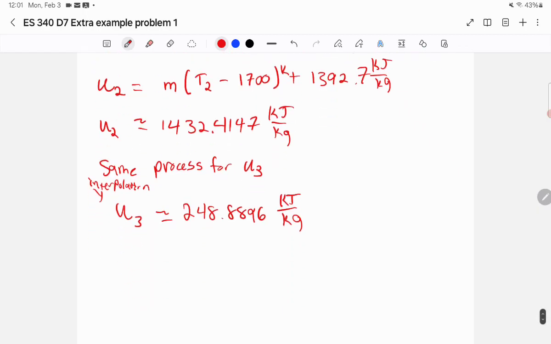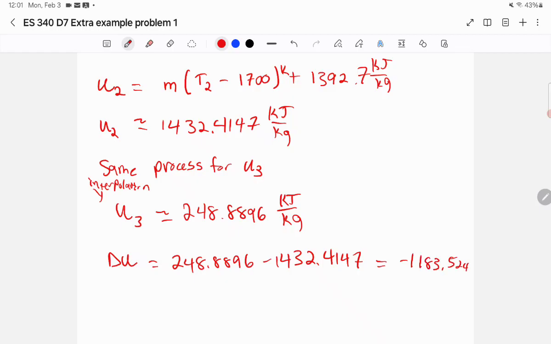As long as they're close, right? That's basically what we're looking for. So delta U is equal to 248.8896, right? Because it's going to be U3 minus U2, minus 1432.4147, which is going to be equal to minus 1183.5246 kilojoules per kilogram.